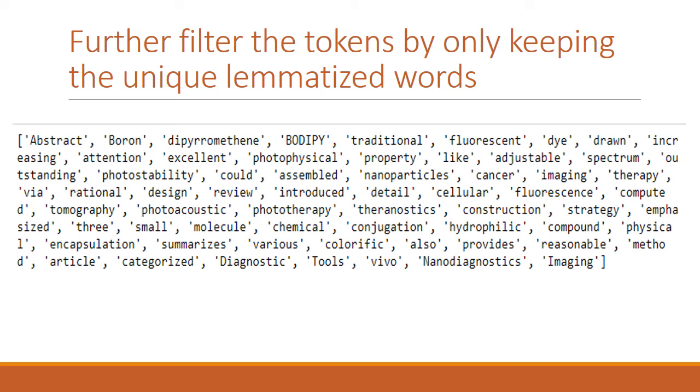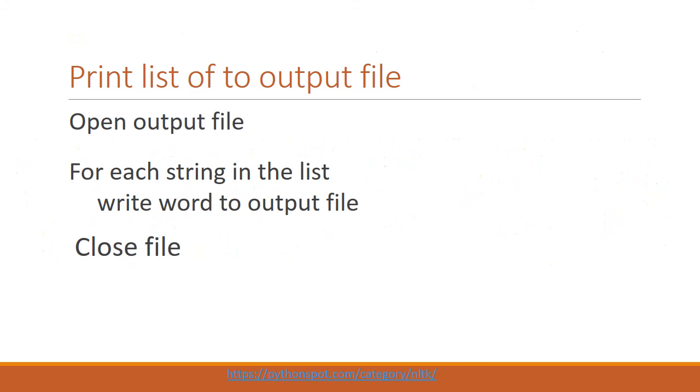The last thing we need to do is to write these tokens to an output file. We're going to write a function that receives the name of an output file and a list of strings. In this function, we're going to open the file, and then for each string in the list, we're going to write it to the output file, and then we'll close our file.